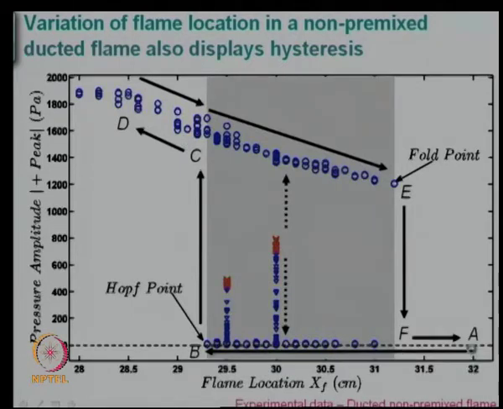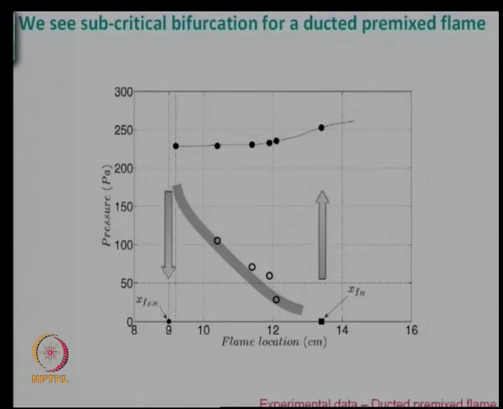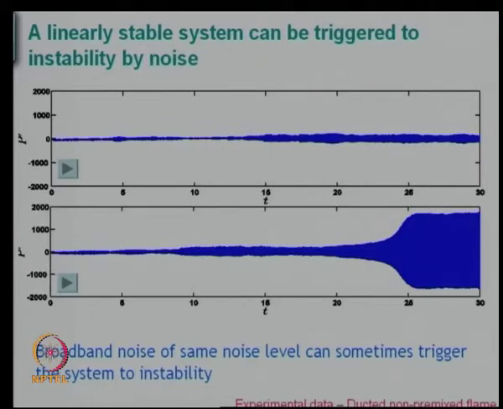So this is in a diffusion flame, this is a pre-mixed flame. So again you have to come here to go unstable, but you have to go back at another place to become stable. So there is a lot of hysteresis to be seen in any kind of experiment. Two of them are our experiments, one is somebody else's experiment.